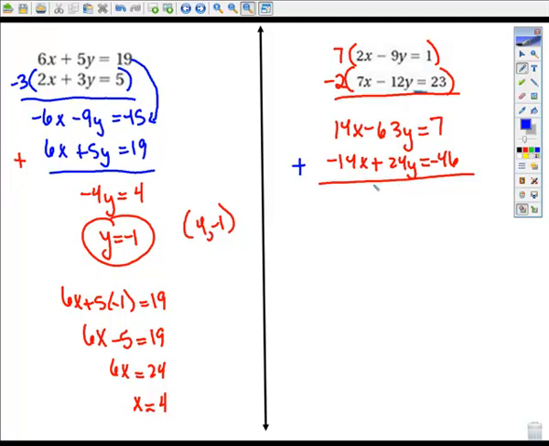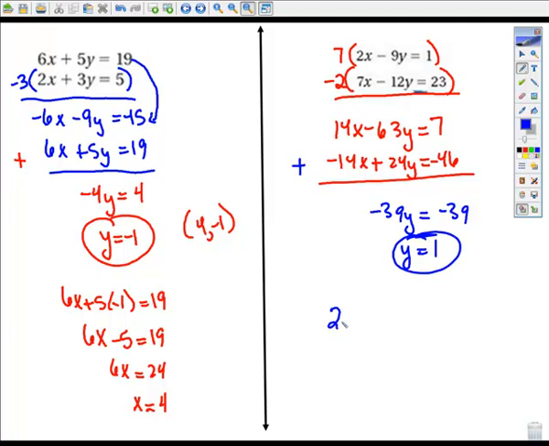Opposites, so I will add. I end up with negative 63 plus 24, that's negative 39y. And 7 minus 46 is negative 39. So y equals 1.